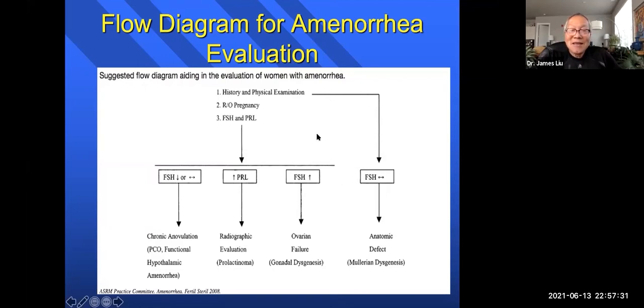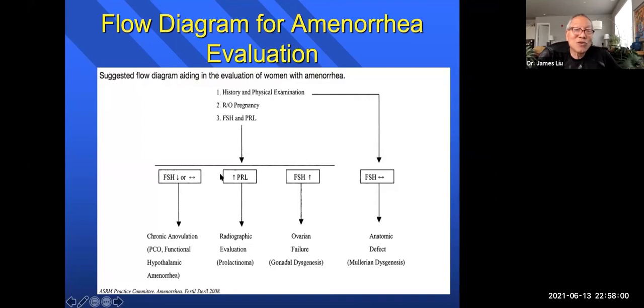The two key hormones that you should be obtaining are FSH and prolactin. And with just these two alone, you can begin to narrow down the diagnosis if you don't have an idea. So it's either chronic anovulation associated with obesity, or polycystic ovarian syndrome, or functional hypothalamic amenorrhea.